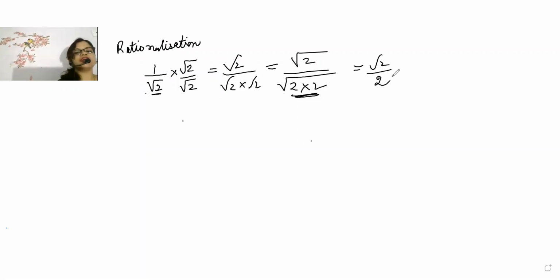Okay. Now tell me what will be the answer for 1 by root 3. Give me the answer. You can write a statement also. Fabulous, Keshav. Root 3 by 3. Kanishka, correct. Madhumita, Meronisa, root 3 by 3.